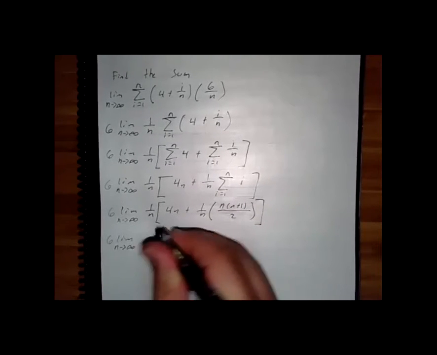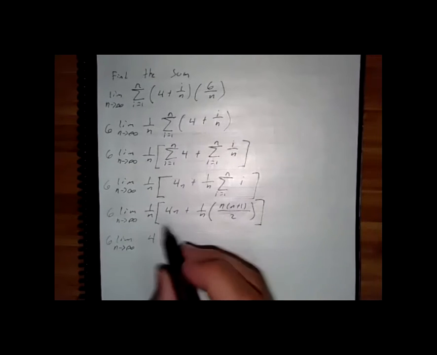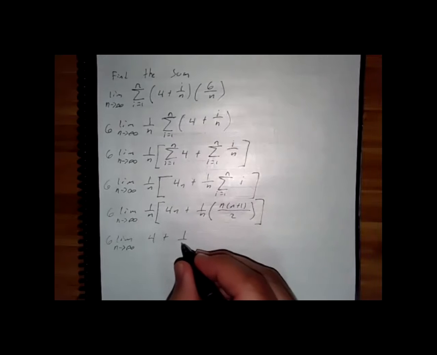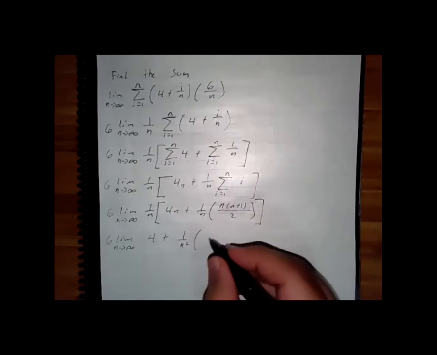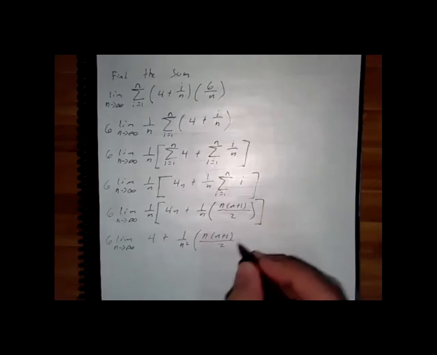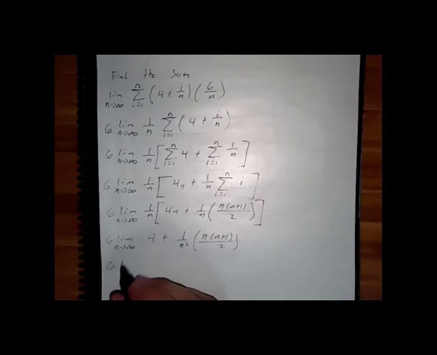So if I multiply the 1 over n through all the terms, I'll be left with a 4, right? Because these will cancel, plus 1 over n squared times n times n plus 1 over 2. And I'm going to go ahead and distribute that so you can see it a little more clearly.